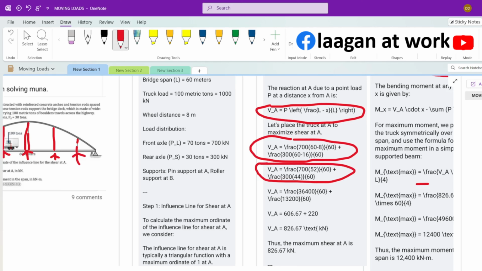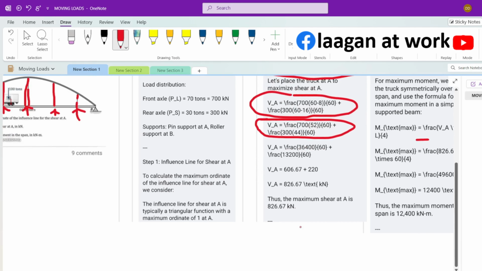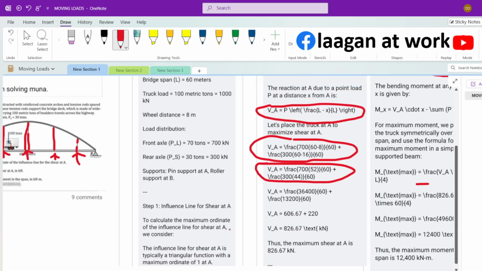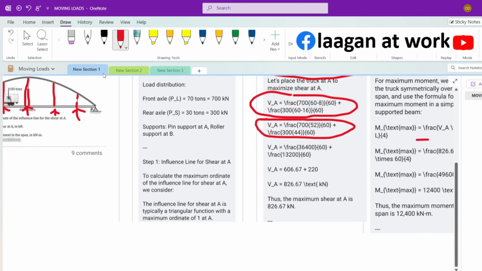His shear at A is 826.67, so I'm not sure why. He already got the influence line, the maximum ordinate of one for shear at A. He's already correct for question number one, but when he calculated the maximum shear at A, his answer is 826.67.